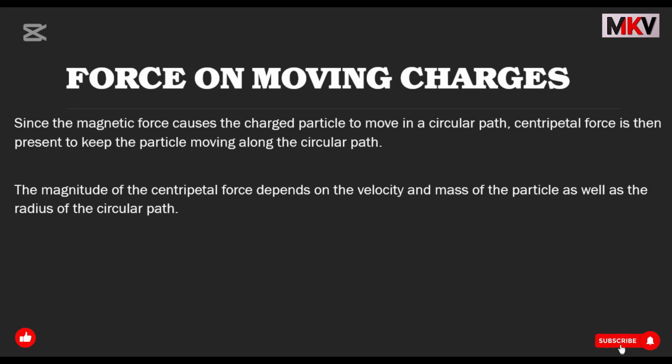Since we are talking about circular motion, centripetal force is present to keep the particle in its circular path. The magnetic force initiates the circular motion of the particle, and the centripetal force keeps the particle in its circular path. The magnitude of the centripetal force depends on the velocity and the mass of the particle, as well as the radius of the circular path.